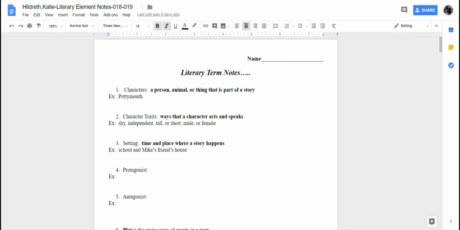Now, if we talk about character traits, we could say one trait is that he is Mexican. He's from Mexico. He does not speak a lot of English, very little, if any, and he is coming to school for the first time in the United States.